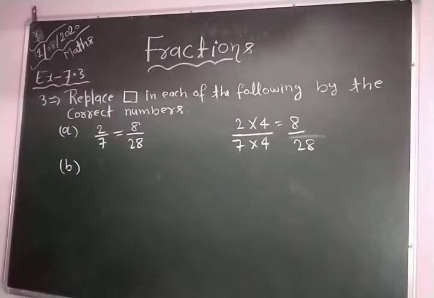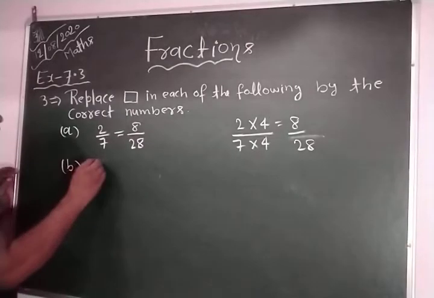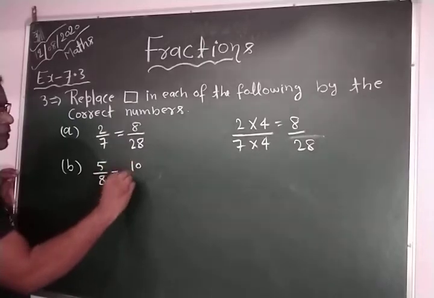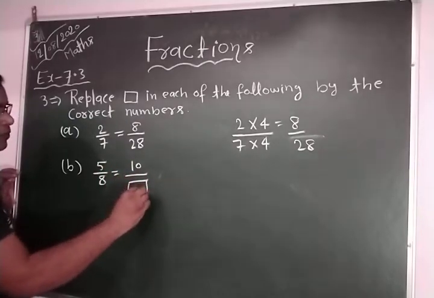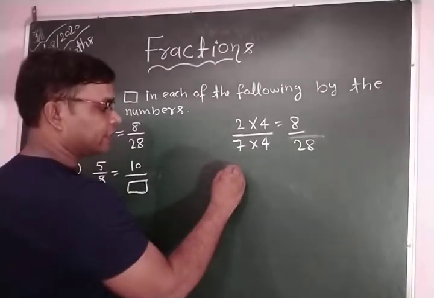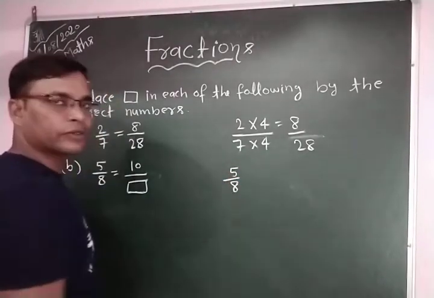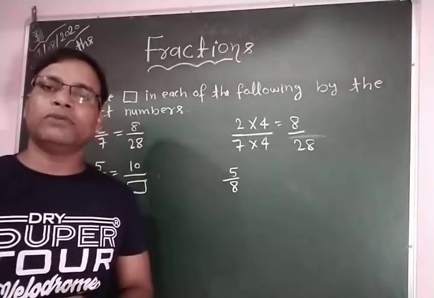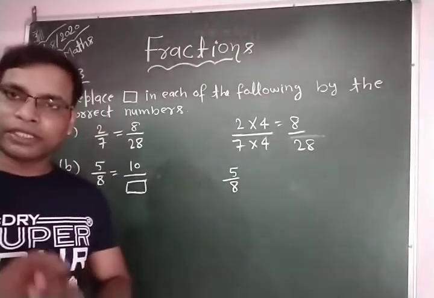B is 5 by 8 equals 10 by blank. The given fraction is 5 by 8. By which number do we multiply 5 to obtain 10? Obviously, 2.